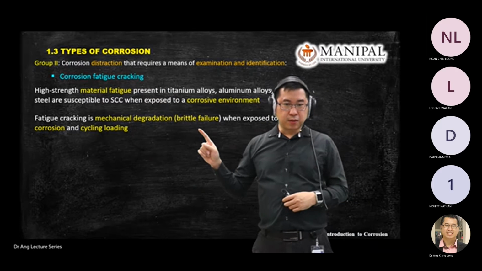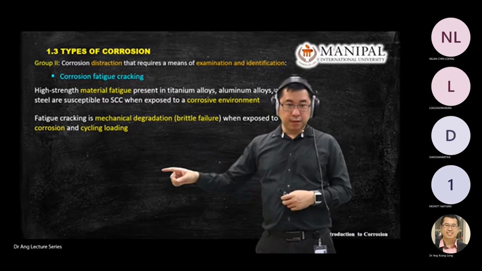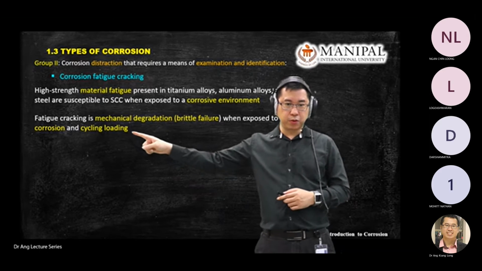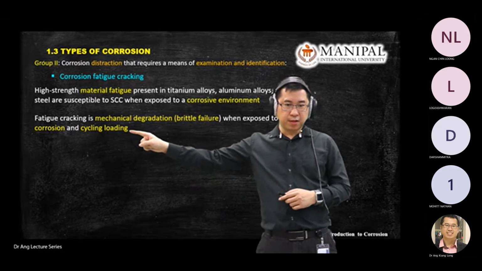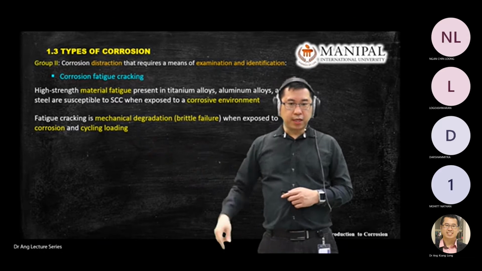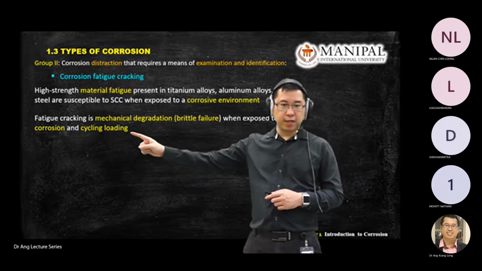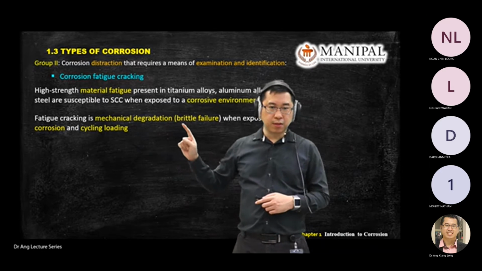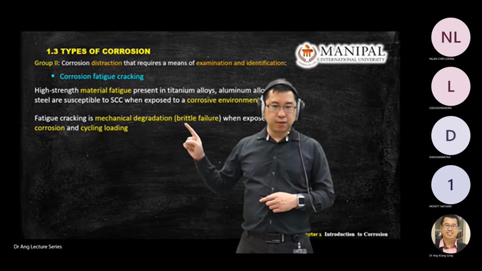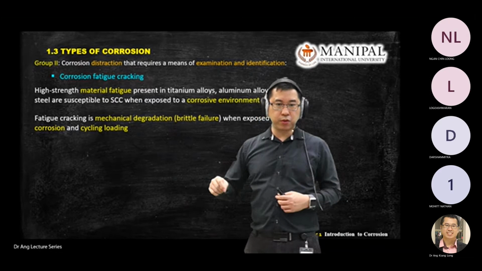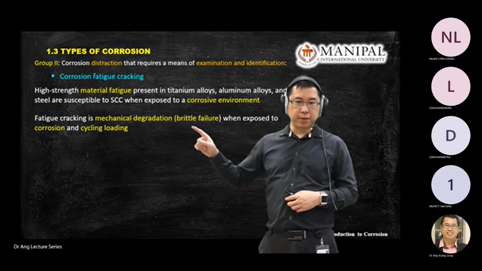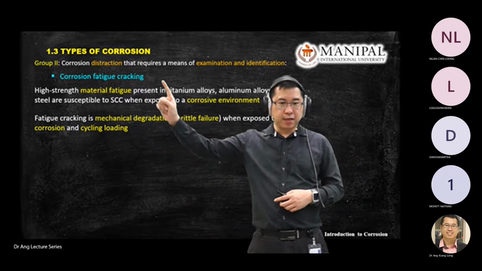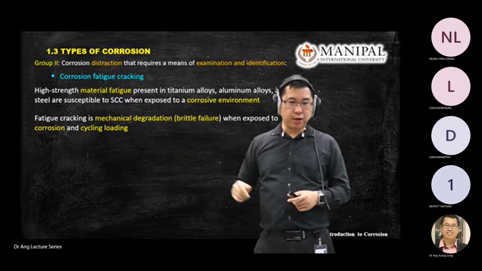This is what you learn in the materials module, right? When you have cyclic or dynamic loading, you change the properties of the metals. It becomes brittle as you continue loading the material. It becomes brittle plus a corrosive environment, then this cracking will happen.